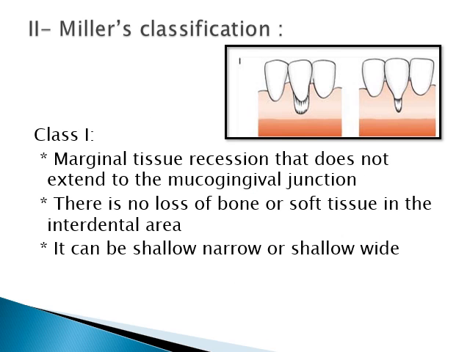But we have another classification by Miller. This is Miller's classification. Class 1, marginal tissue recession does not extend to the mucogingival junction. There is no loss of bone or soft tissue in the interdental area, and it may be shallow narrow or shallow wide.